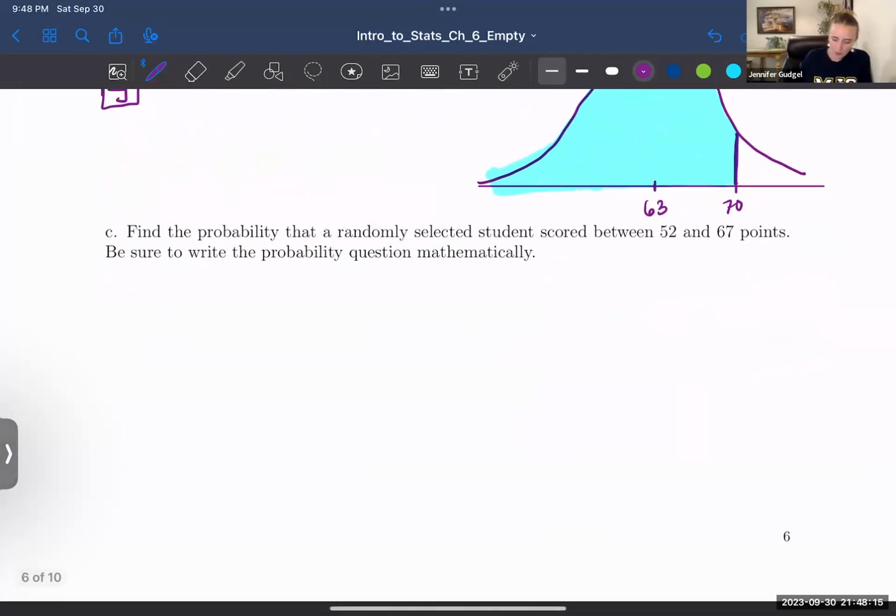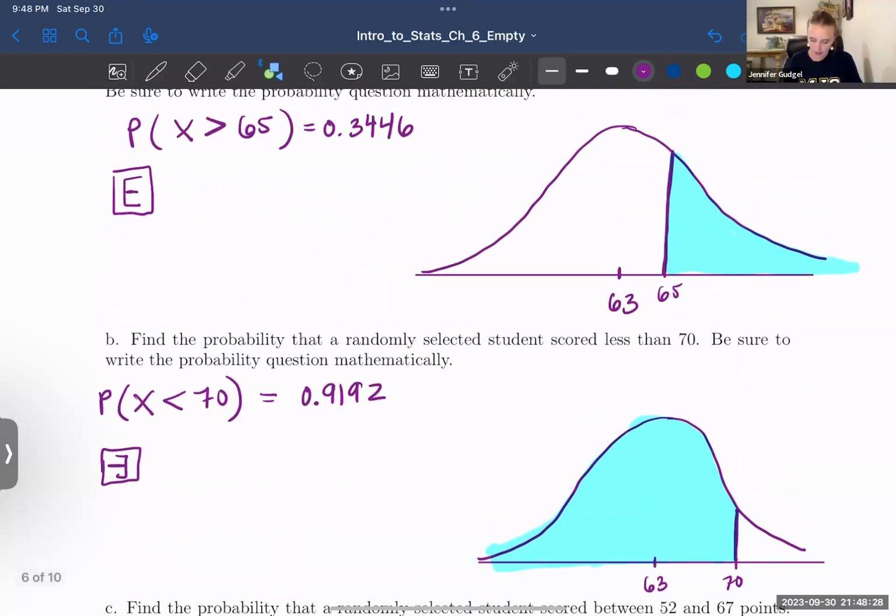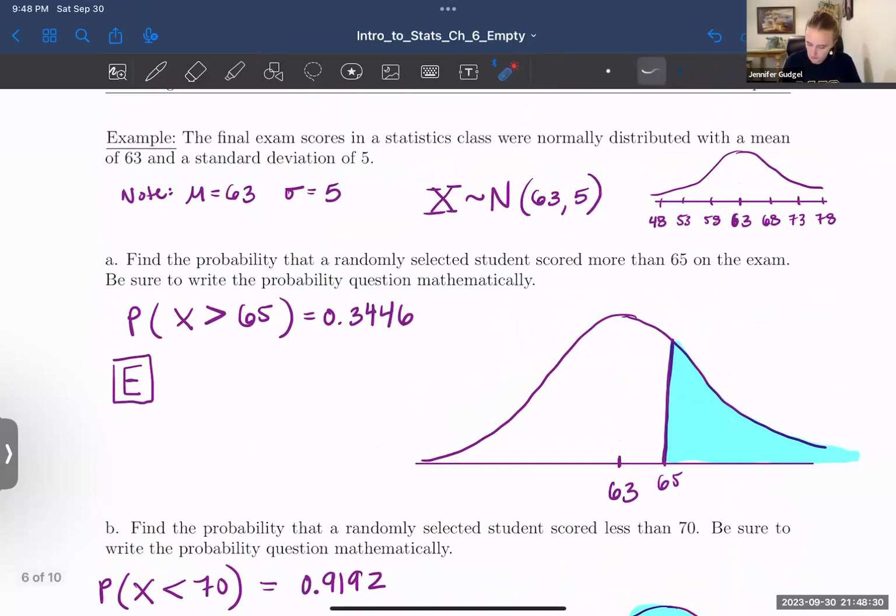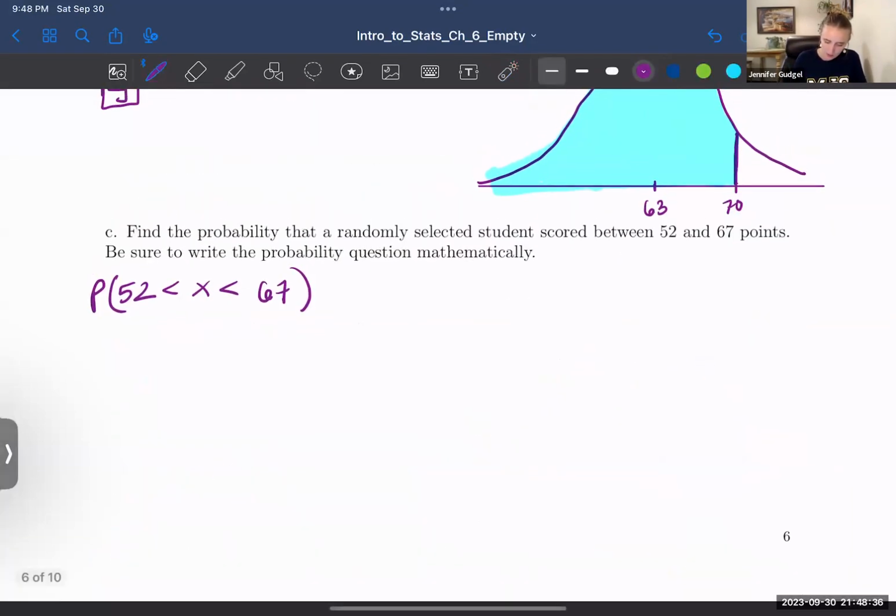All right, and now we have our between situation. The probability that a randomly selected student scored between 52 and 67 points. 52 and 67. All right, I can check. 67, no. 52, no. I can't use the empirical rule. Okay, I have to use my online calculator.